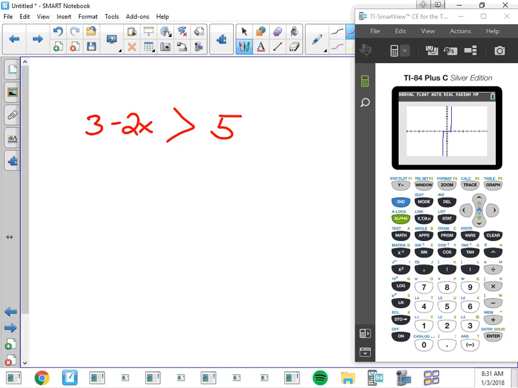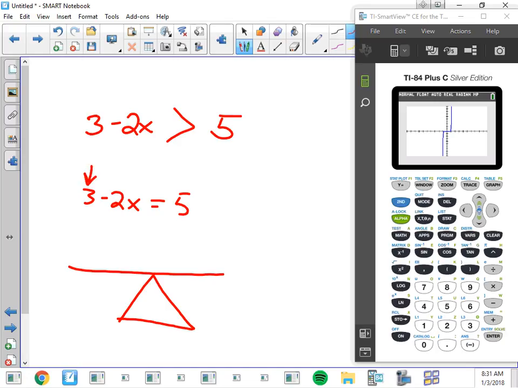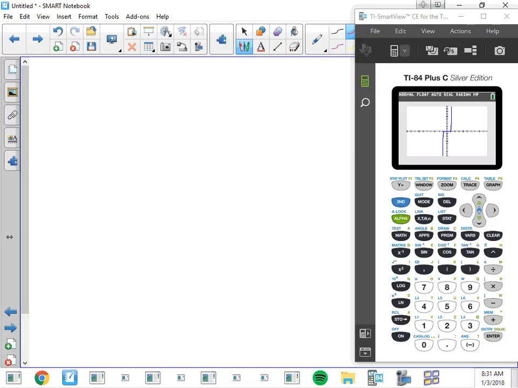If it said 3 minus 2x equals 5, then we could create a picture. Well, actually, let's do this: 2x plus 3 equals 5.